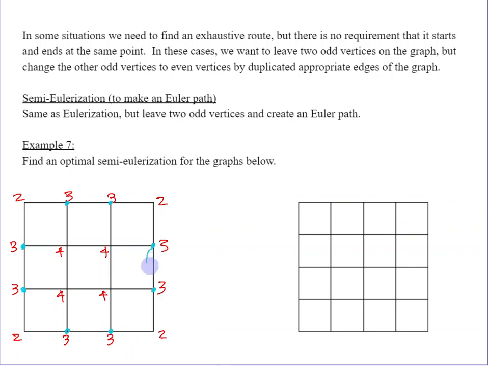If I connect these 2 edges, connect these 2 edges, connect these 2 edges, now these are all 4s. And I still have my 2 odd vertices. And in this case, I only added 3 extra edges. That's a whole lot better than the previous example where I added 6 edges.